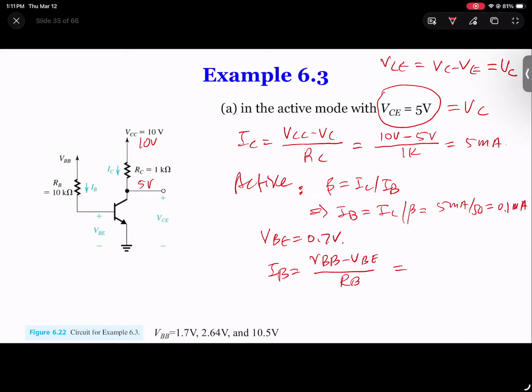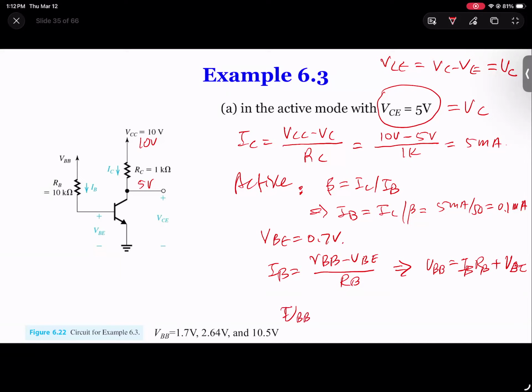So therefore, we would be able to find that VBB. We multiply on both sides by RB, and we'll find VBB is IB times RB plus VBE, right?